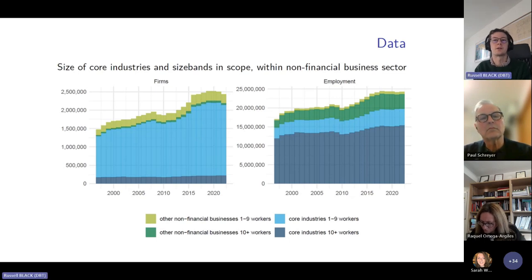If the weights were based on output shares, it would still, if you redid all the formulas, roughly be the same, although output does move across businesses faster than employees move across businesses.